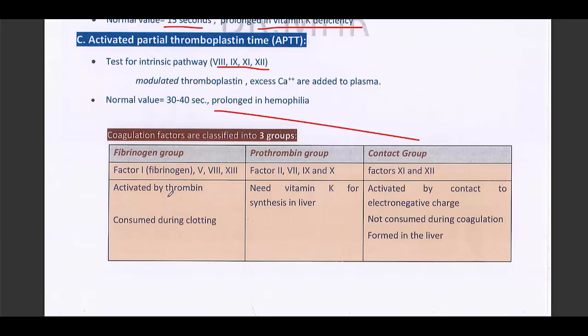It needs vitamin K for synthesis in the liver. The contact group contains factors 11 and 12, activated by contact with an electronegative charge, not consumed during coagulation, and formed in the liver.